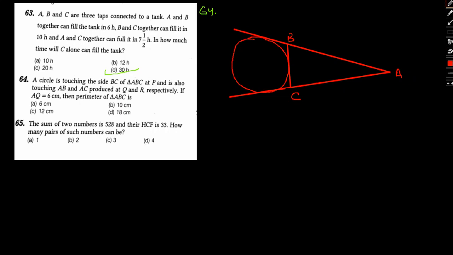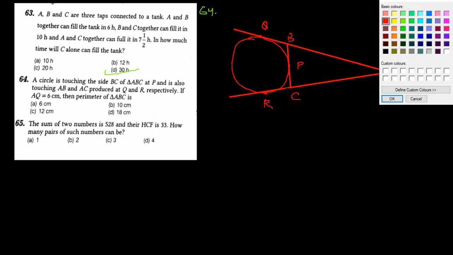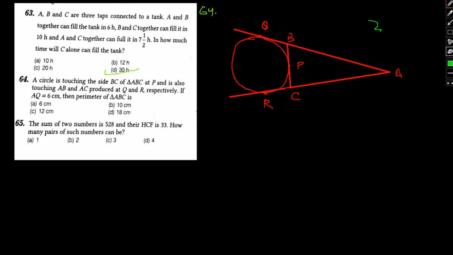AB is extended till Q, so this point is Q, and AC is extended till R, and this point is P. So this is what we have over here.